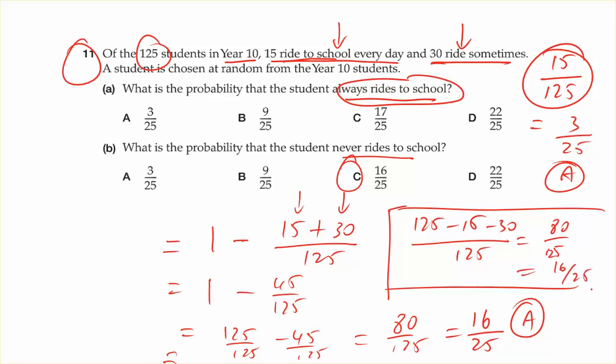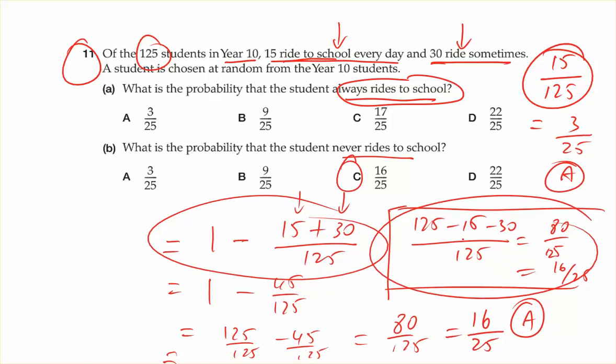So there's two ways to do it, it's up to you. You can do it the complement way, or you can just do the way where it makes sense, like you know that 125 less 15 less 30 gives you the number of students that don't write to school, and the total is out of 125. Hopefully that makes sense to you.